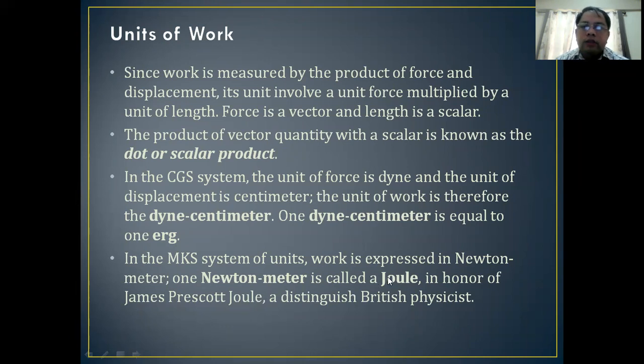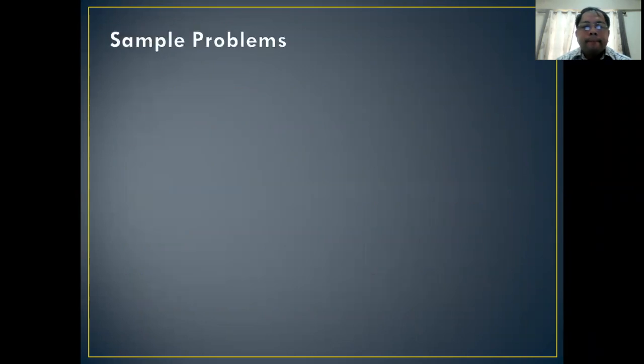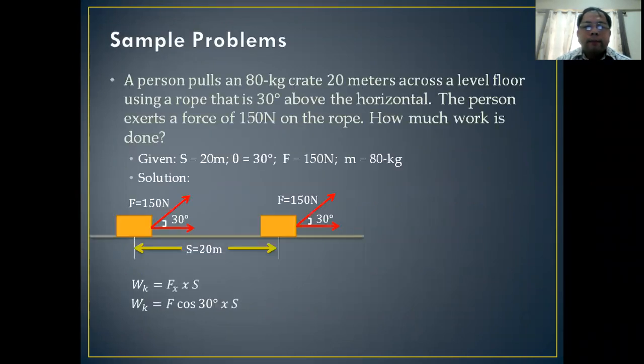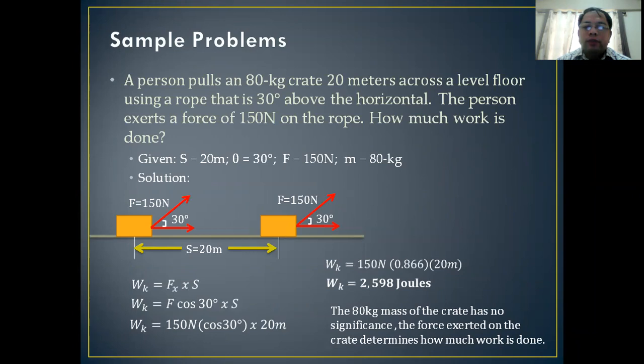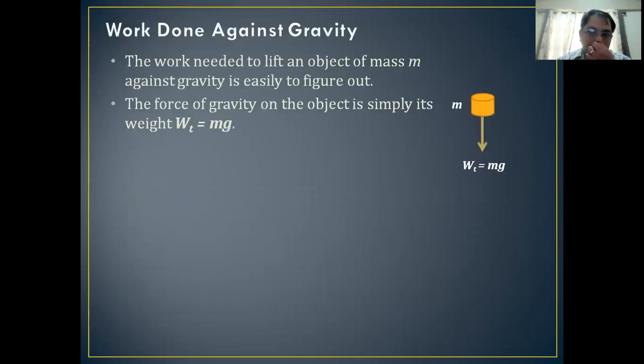In the English system, the unit is called foot-pound, a unit of work or energy in the English system. Again, the CGS and the MKS may roughly be part of our SI unit. As an application, we have this one from last time, so you can go over that one.